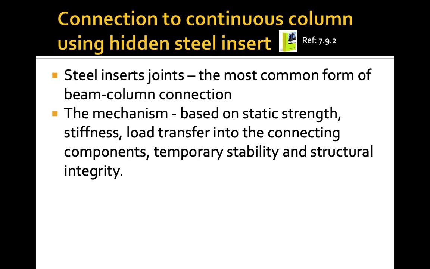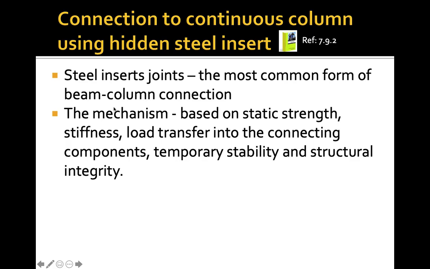Then next we move on to the connection to a continuous column using a hidden steel insert. Steel insert joints are the most common form of beam column connection. This is when we want to connect these two.